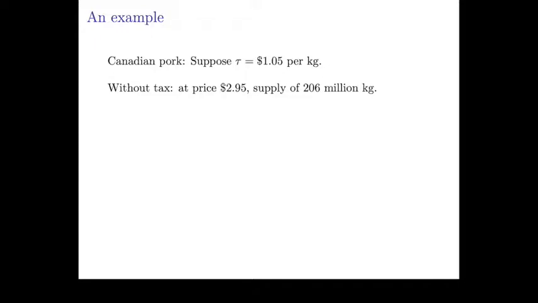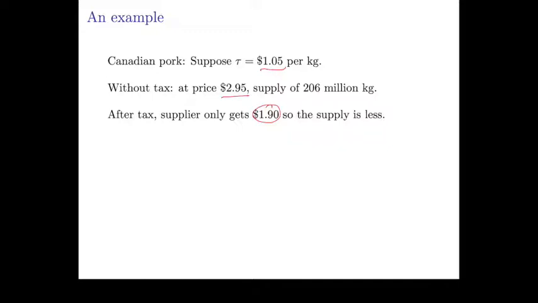This is just according to the supply function that we've seen earlier. After the tax, the suppliers are only going to get $1.90. The consumers pay $2.95, but out of that, the government takes $1.05, so what's left over for the suppliers is $1.90.